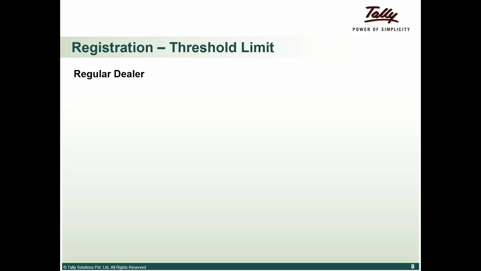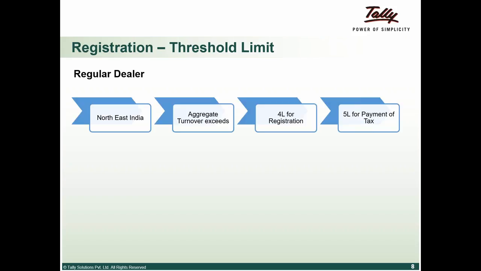Okay, we will first take the regular dealer. If you take the states, they have been broadly categorized into two different categories. One is the northeastern states, including Assam, where the rule specifies that if a dealer whose aggregate turnover exceeds 4 lakh rupees in the year, then that dealer needs to register for GST.